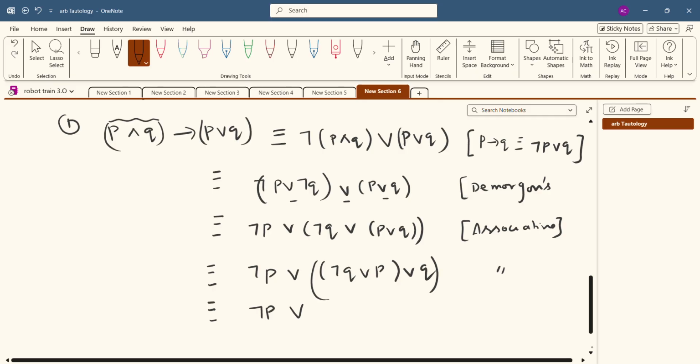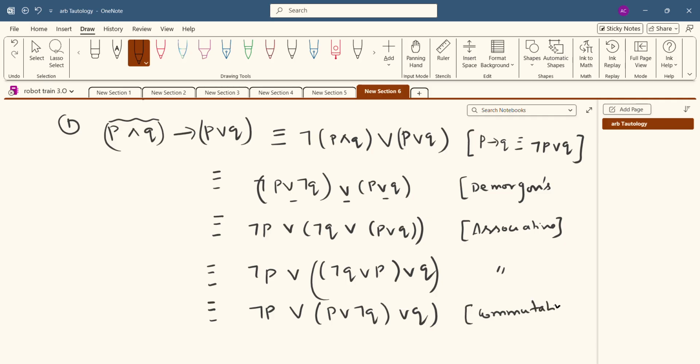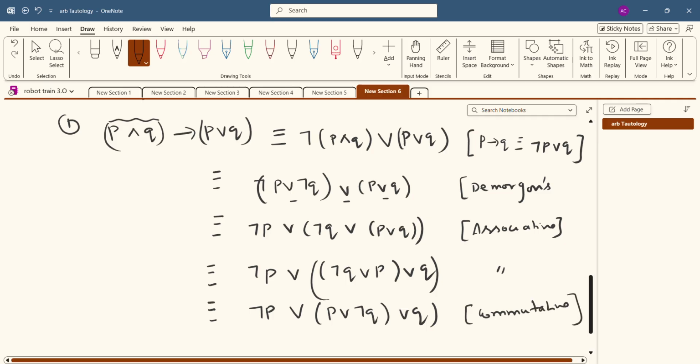Negation P union negation Q. This is also the same as negation P union, here I am going to apply the commutative law: P union negation Q union Q. Commutative means A union B equals B union A, or A intersection B equals B intersection A. That is the commutative law.